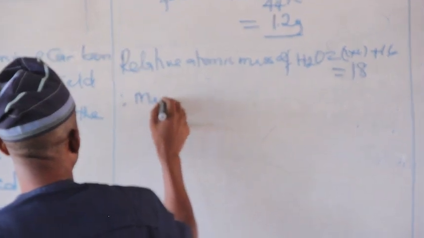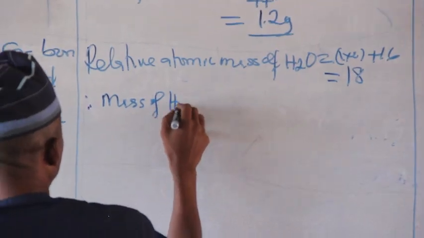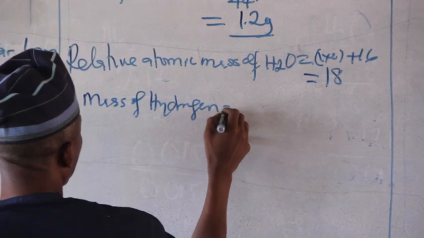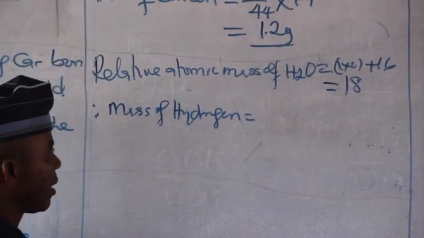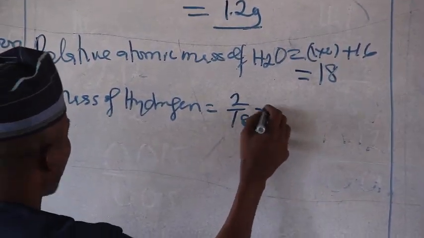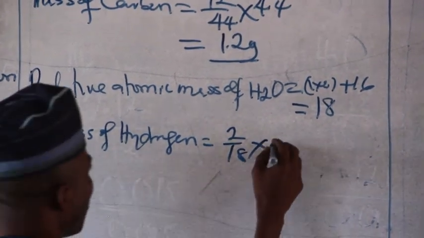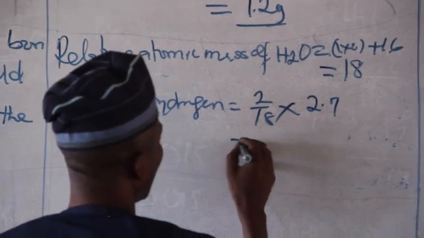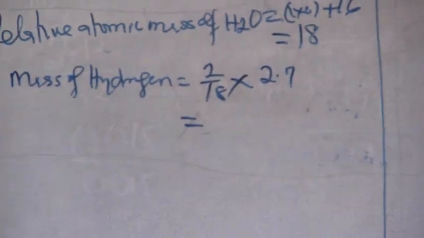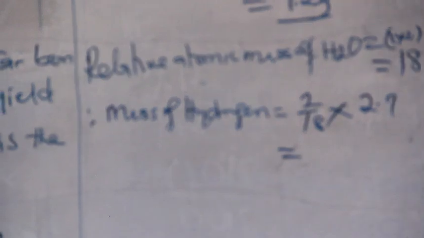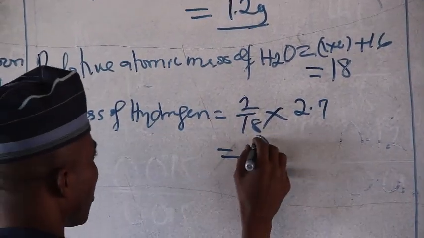Therefore, the mass of hydrogen will be 2 over 18 times the mass of water vapor, which is 2.7. Now what is 2 over 18 times 2.7? 0.3.